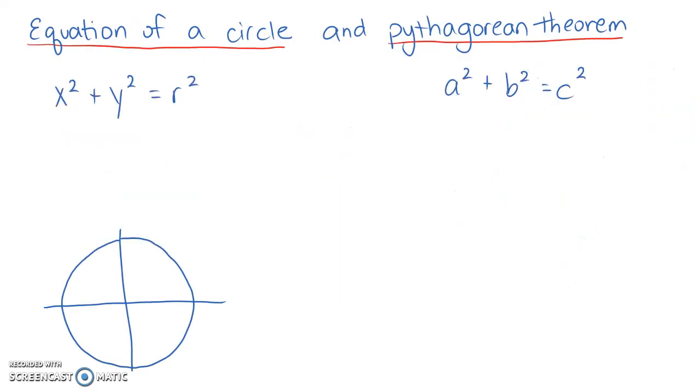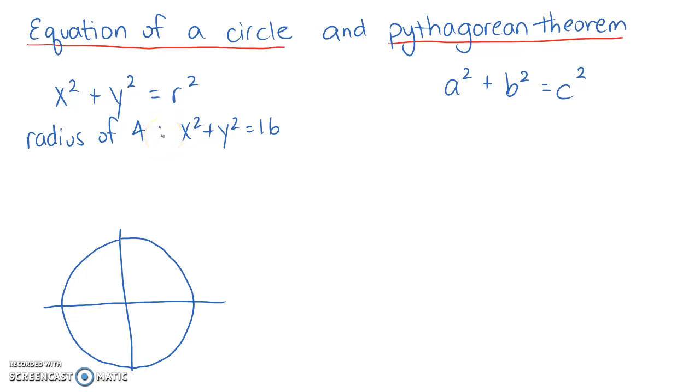Another thing we're going to be talking about is the equation of a circle and how to use this equation. The basic equation of a circle is actually based on the idea of the Pythagorean theorem. Here we have x squared plus y squared equals r squared, where r squared is your radius squared. So if I had a radius of 4, that would create a circle equation of x squared plus y squared equals 16.